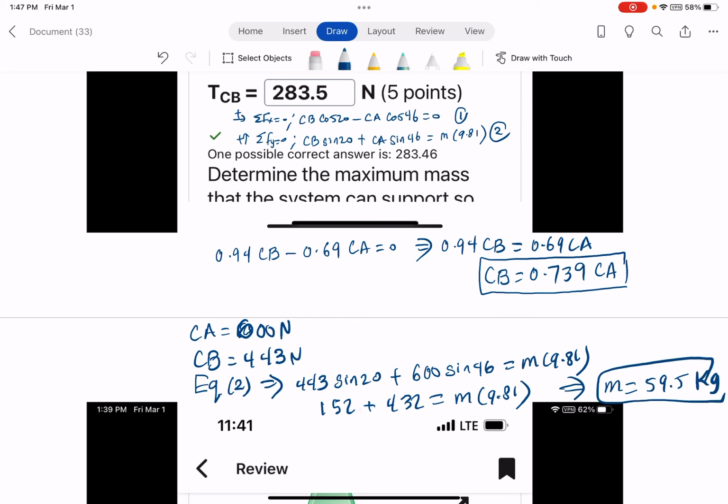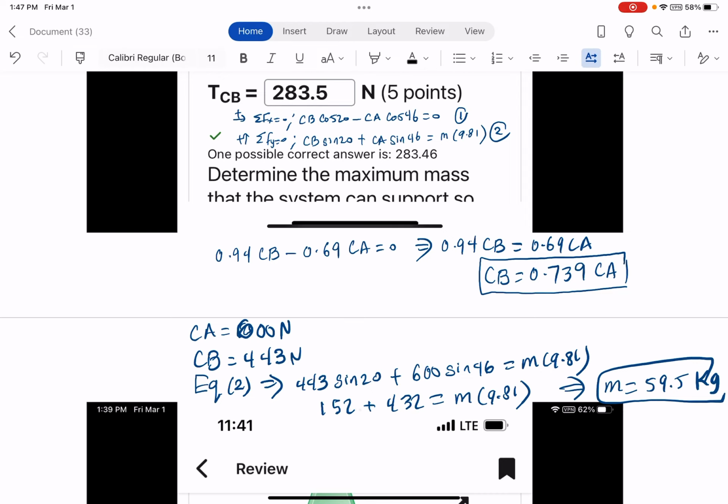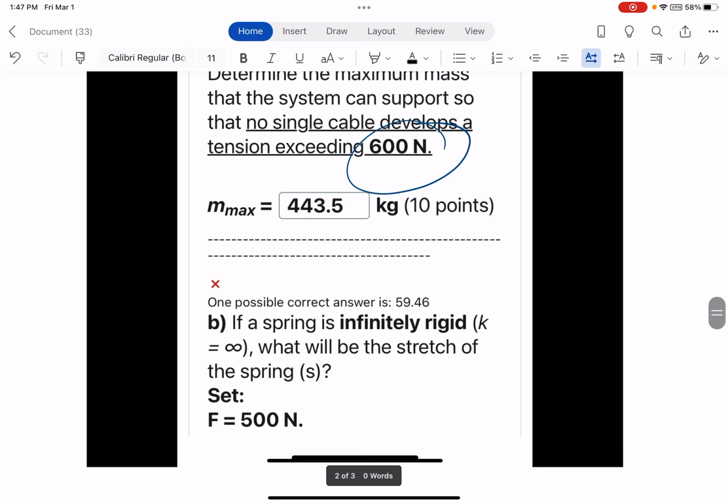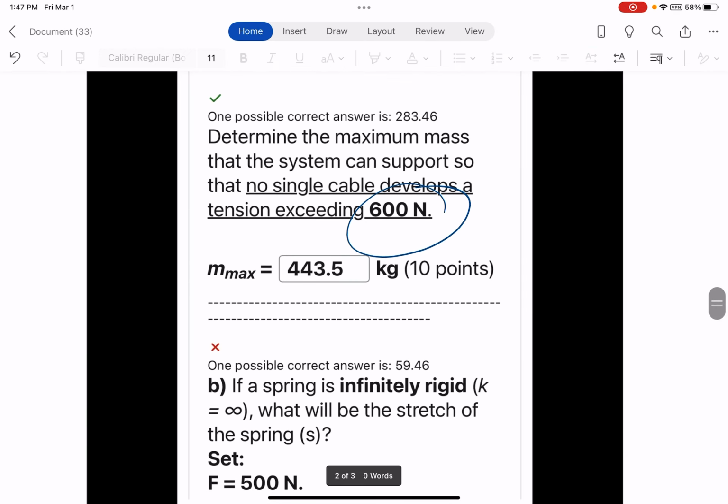And I think that's the answer the student missed, 59.5.